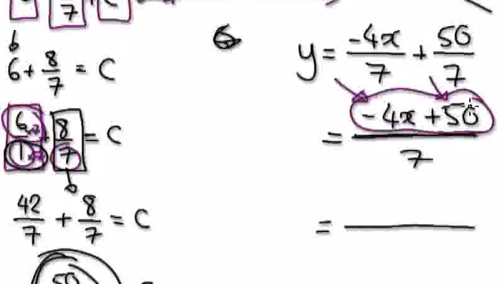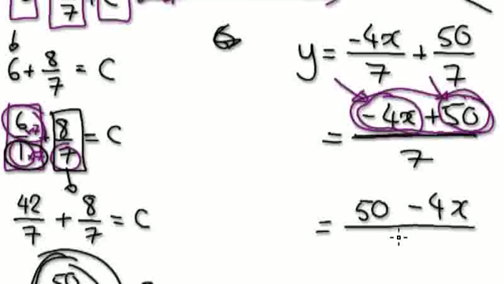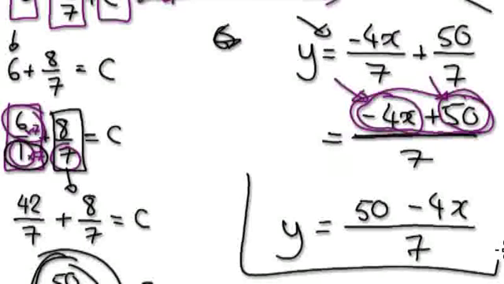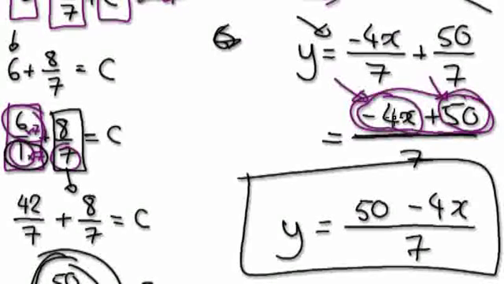Imagine this is one bubble, and this is another bubble. Switch them around, so it's like this: 50 minus 4x. It just looks neater rather than having a minus in front. y would be this. This is your answer to y.